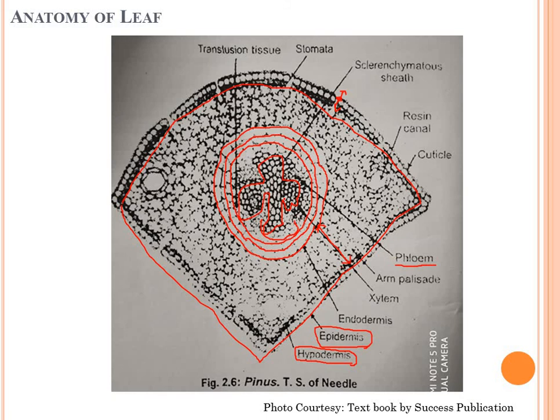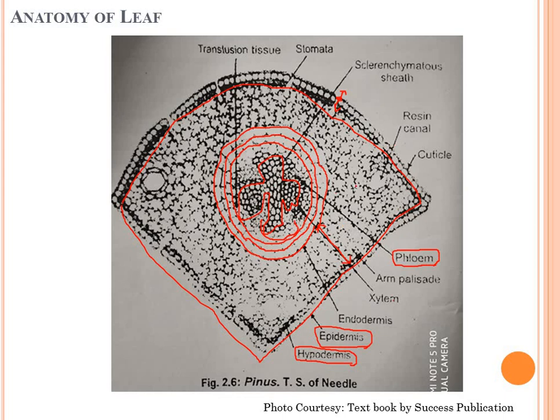Meta means large tracheids are known as metaxylem. And these tracheids are responsible for conduction of water, which is covered by phloem tissue. Phloem is made up of sieve tube elements, companion cells are absent, and phloem parenchyma and phloem fibers. While xylem is made up of tracheids, then xylem parenchyma and xylem fibers.